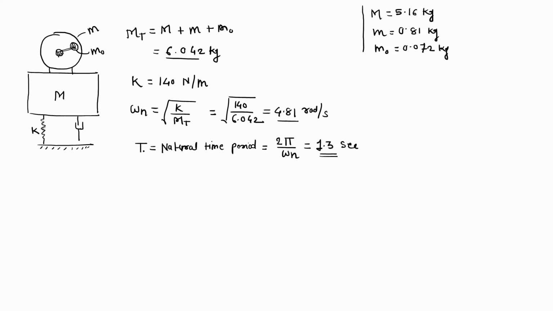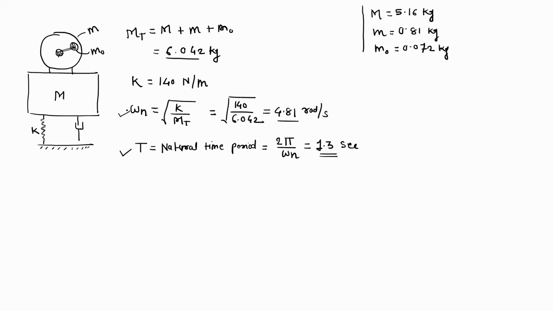So why do we find the time period? Because when we perform this experiment, the first value that will be available from it is the time period. Frequency is not available directly from the experiment. The time period we can measure by using a stopwatch or some other mechanism. So this is the natural time period, and this is the natural frequency.